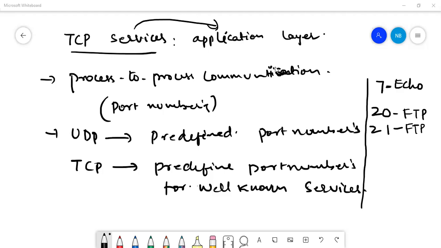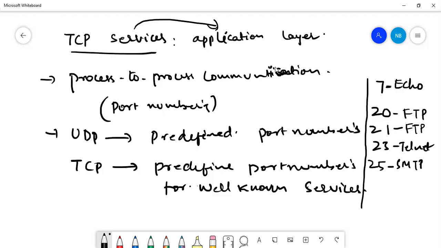Now coming to a very important port number, 23, which is Telnet. Telnet is the terminal network. It is a port number which is used for accessing the terminal. And we have one more important one, 25, the port number which is used for SMTP.